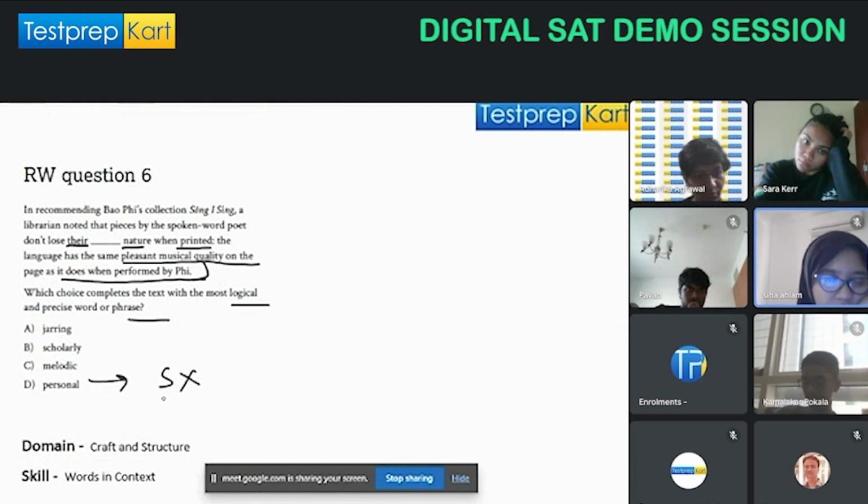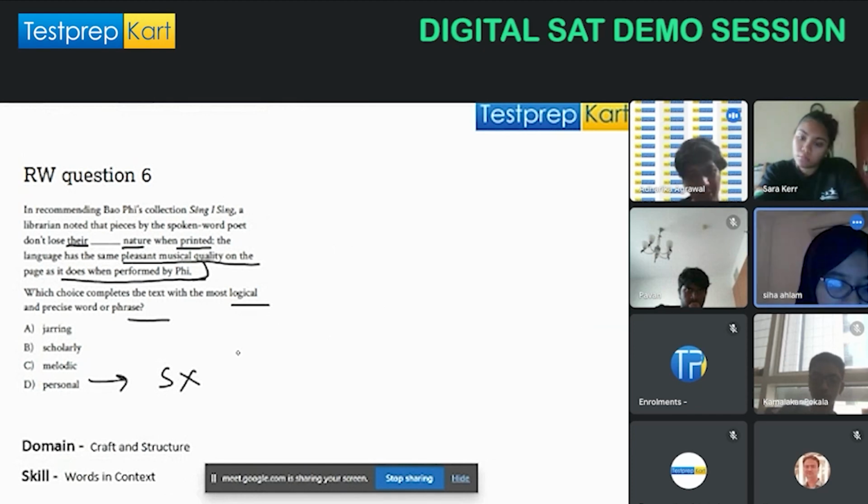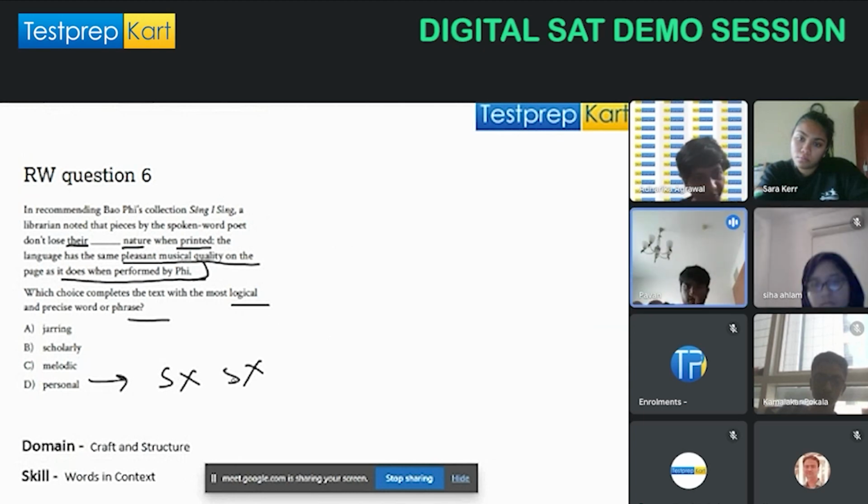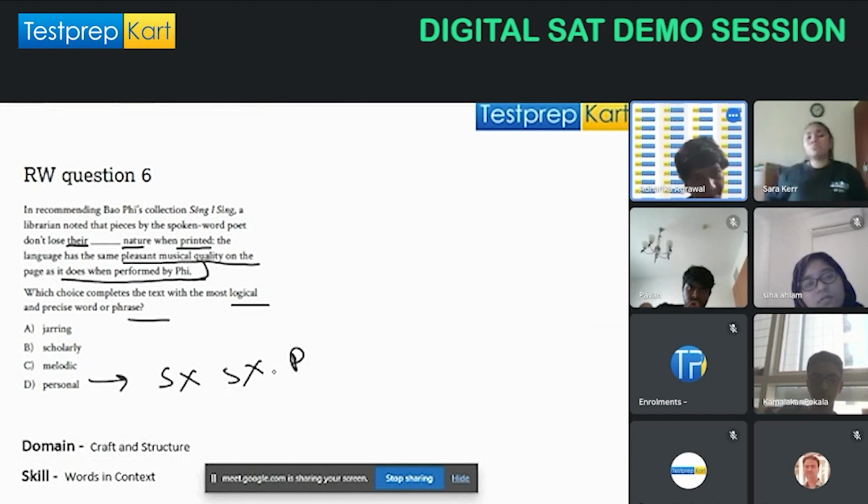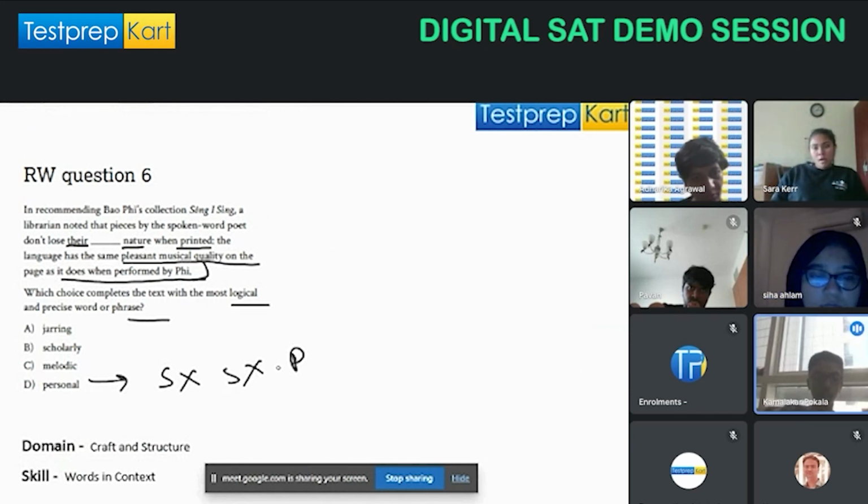Sara also does not think so. I'm Pavan as well. Even Kamlakar. You also think that it's not the answer? Yeah, I think D is not the correct answer. Okay, I'm eliminating D.